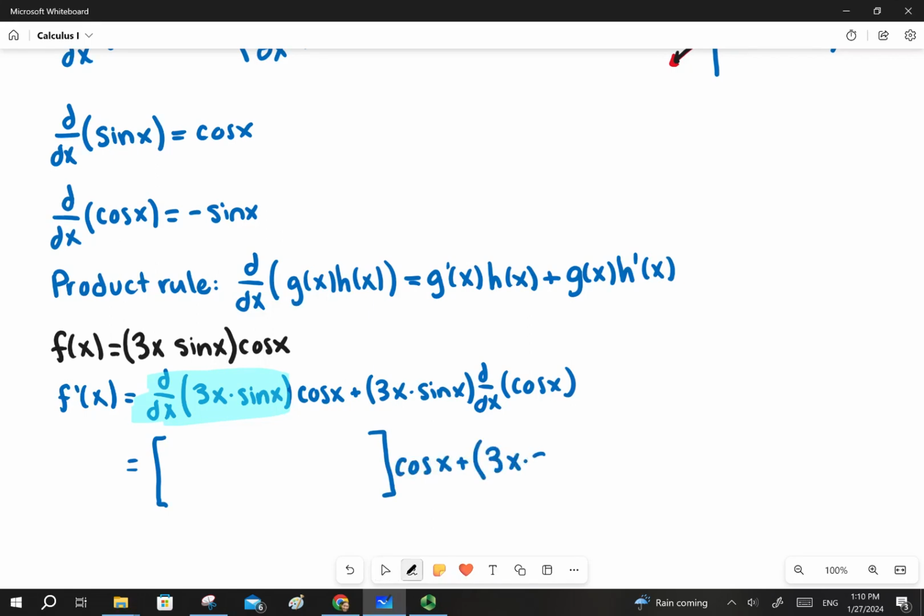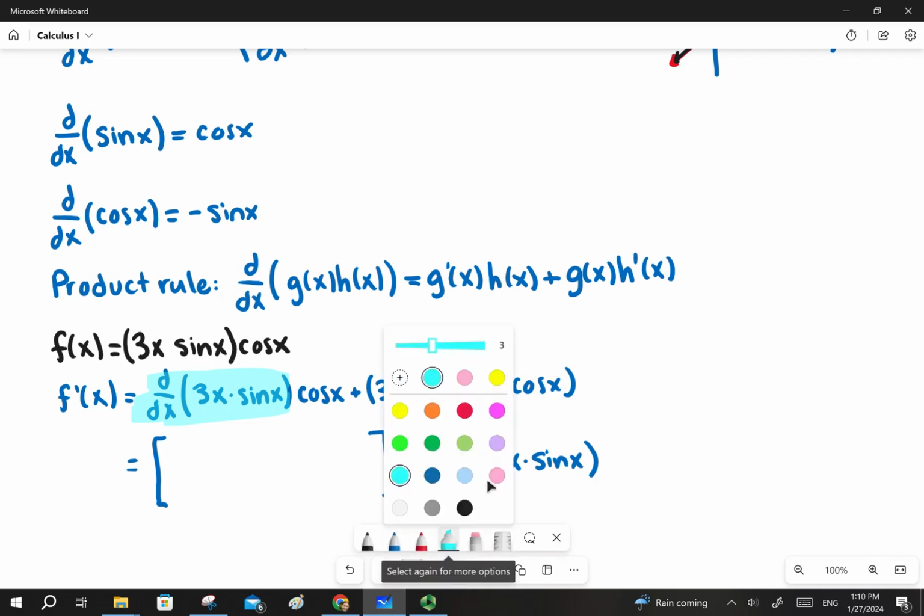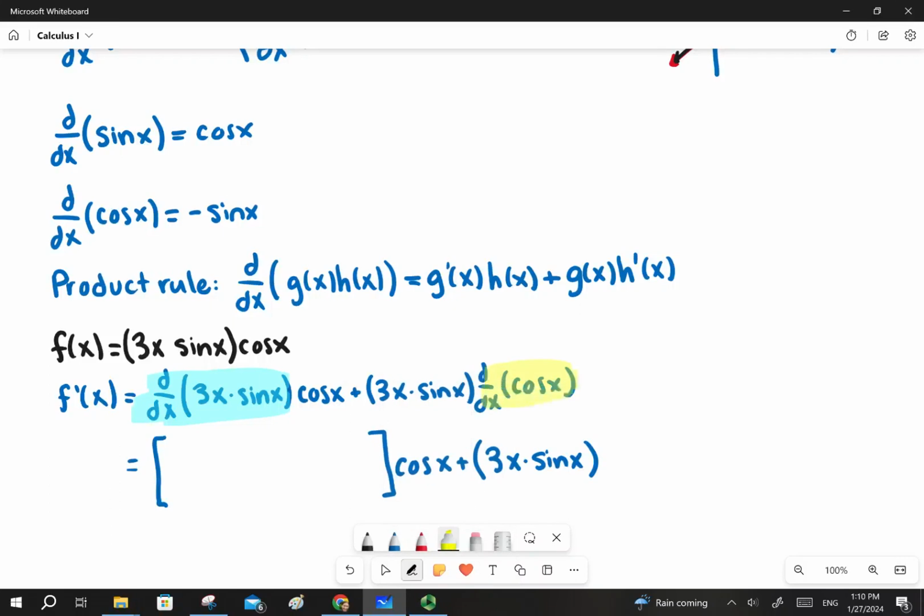And then because it's a little bit faster, I'll go ahead and take care of the derivative of cosine of x right away in the second half of my product rule. The derivative of cosine of x is negative sine of x, so I'll put that in for the second half of my first product rule, just to get it taken care of. Now, focusing back on the derivative of 3x times sine x.